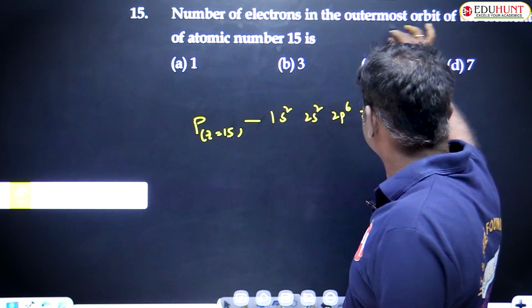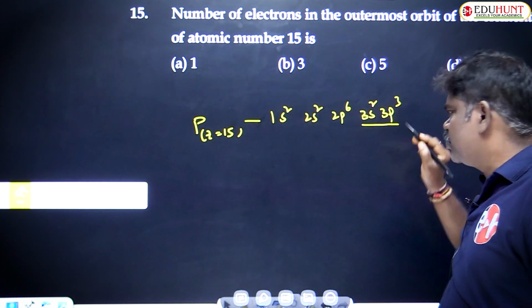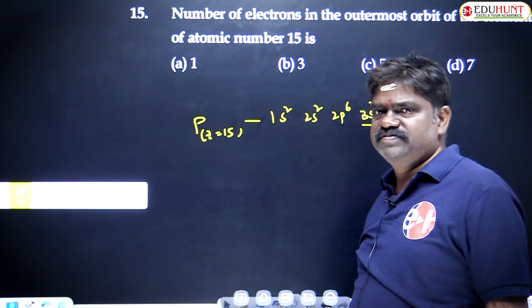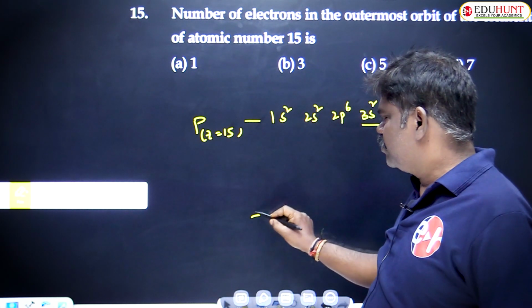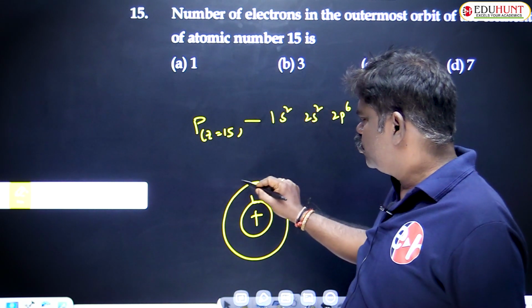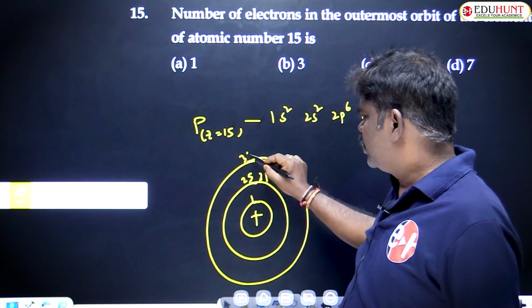The number of electrons in the outermost orbit means this is the outermost. The third shell is the outermost shell, because if you take an atom, the first shell is 1s, the second shell is 2s 2p, the third shell is 3s 3p.